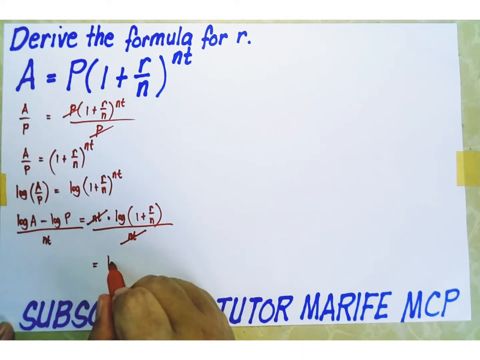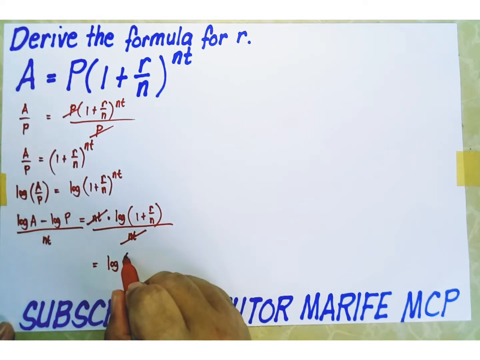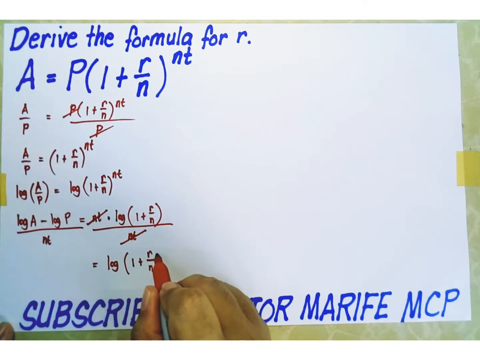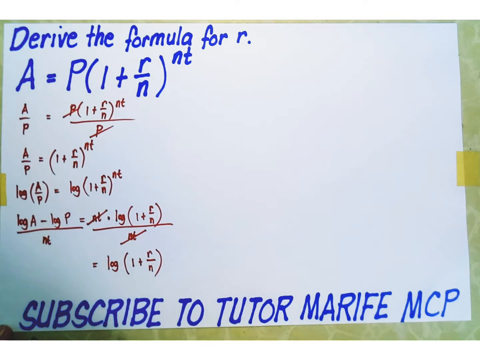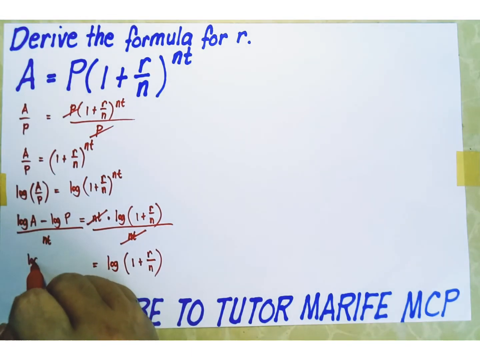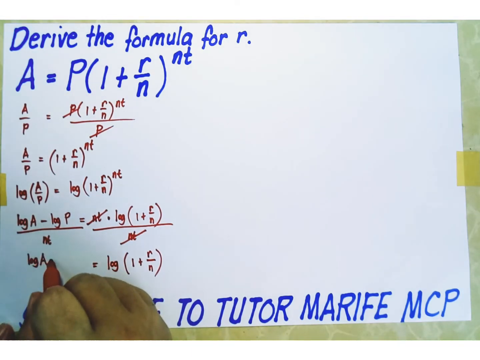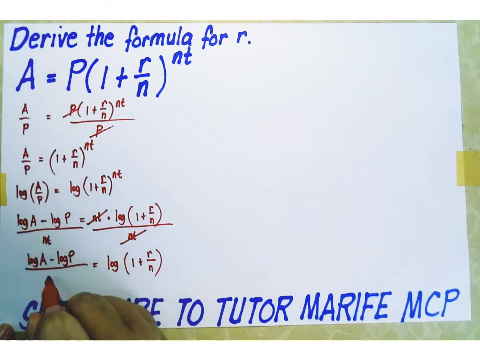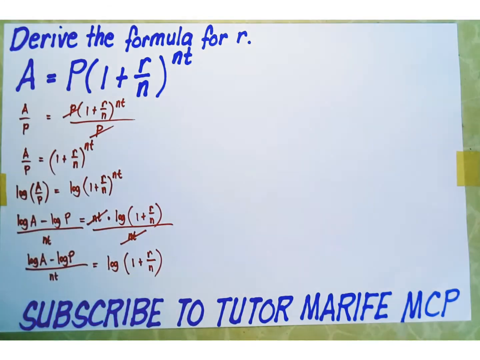Right side becomes logarithm of 1 plus r divided by n. Left side becomes logarithm of a minus logarithm of p divided by n times t.